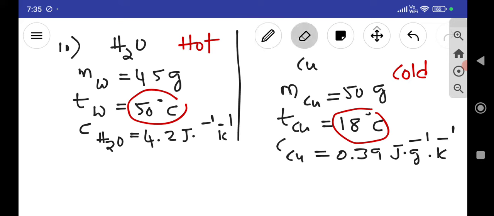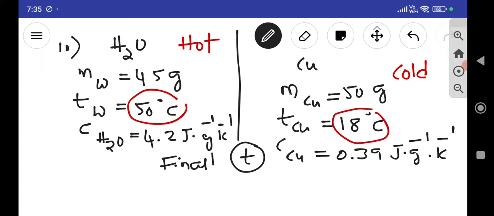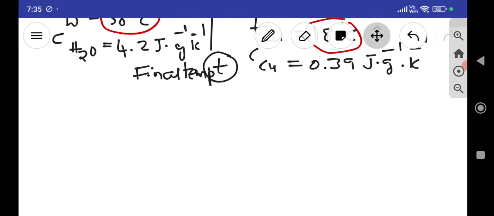Now the question is, if you are adding these two, the final temperature is T and you have to identify what is the final temperature. Hope you have understood this. So you all know that heat gained by copper is heat lost by water. One important formula we have, what is that?